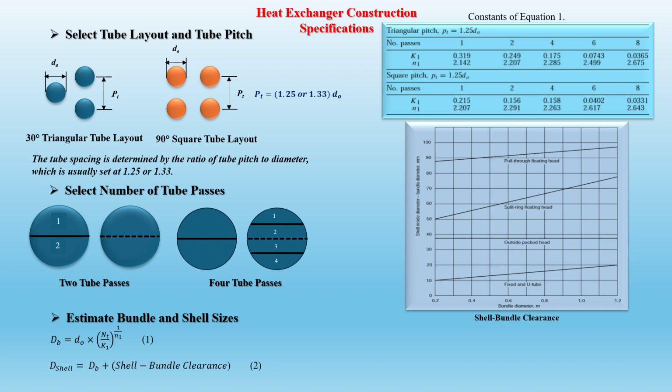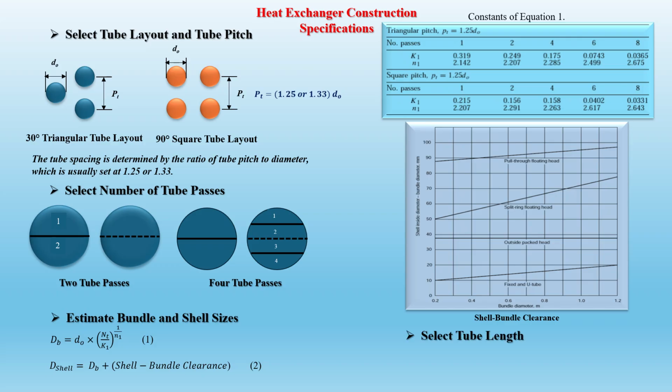For example, fixed tube sheet or U tubes, outside packing, or whatever. These are only four, and we may get the clearance value depending on the D bundle and the intersection with any of these four curves.